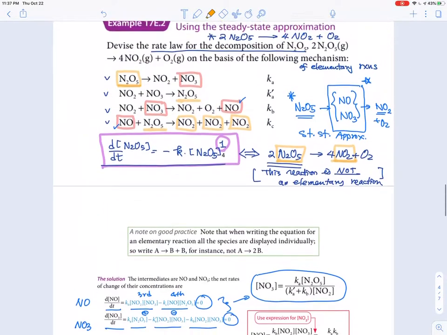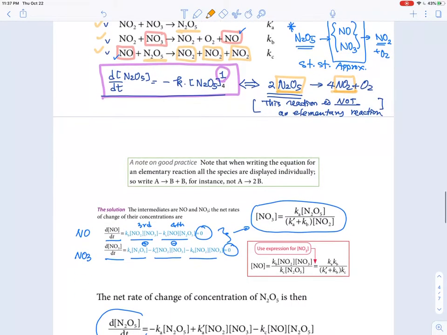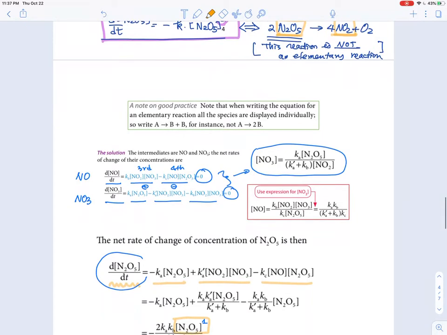This is all the postulate of the elementary reactions, and using the steady state approximation, they calculate how the intermediate concentration is related to the reactant concentration and the product concentration, and also NO, which is also an intermediate concentration.